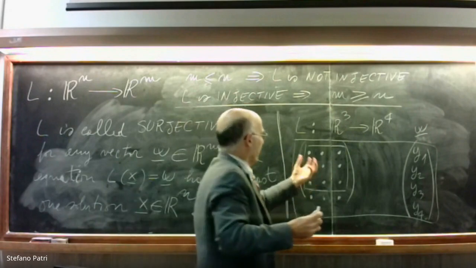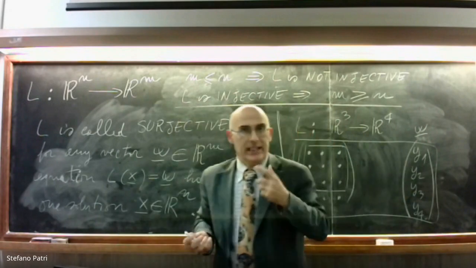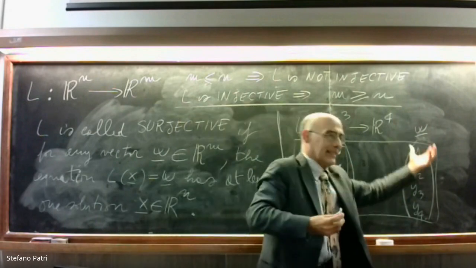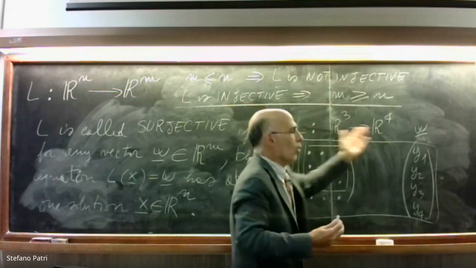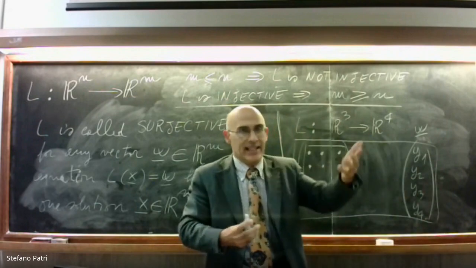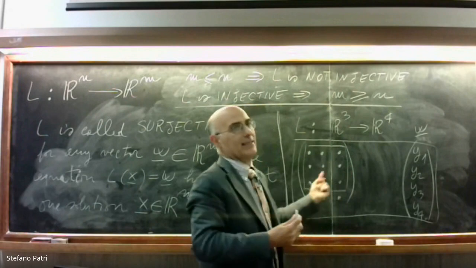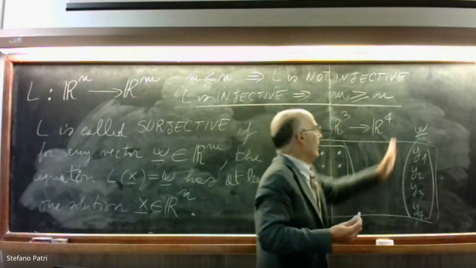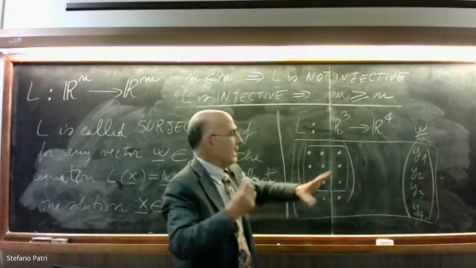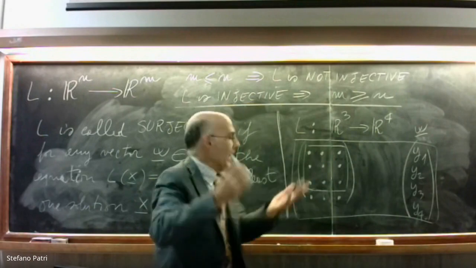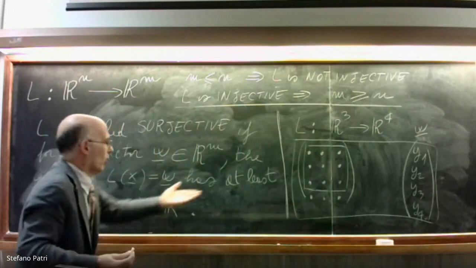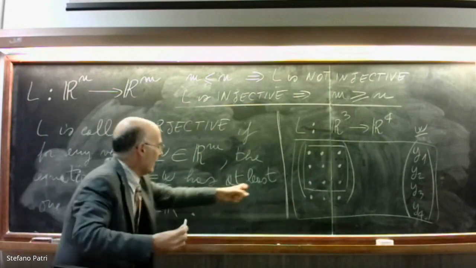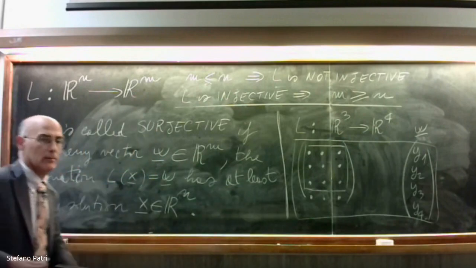And then the ranks are different. In this case, for this W, the rank is 4, greater than 3 of the matrix of the coefficients. Anyway, it is different from the rank of the matrix of the coefficients. And then it is a question of no solution, not at least one solution.